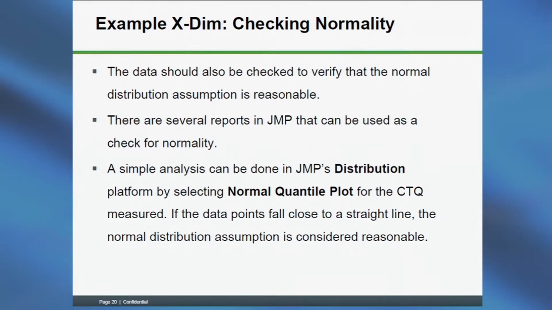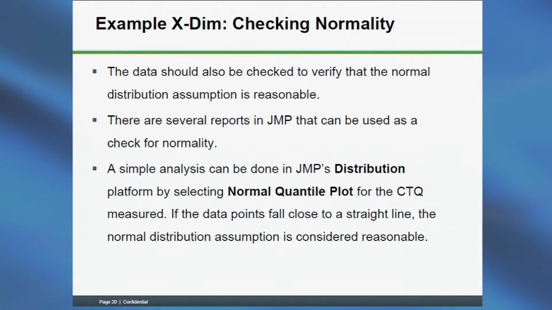Now, the other thing that you'd like to do in this kind of a situation is verify that the data is normally distributed, because that's the assumption under which we derive those formulas for the sample size and the k-values. JMP has several reports that can be used to check normality. A simple analysis can be done using JMP's distribution platform by selecting the normal quantile plot for the CTQ measurement.